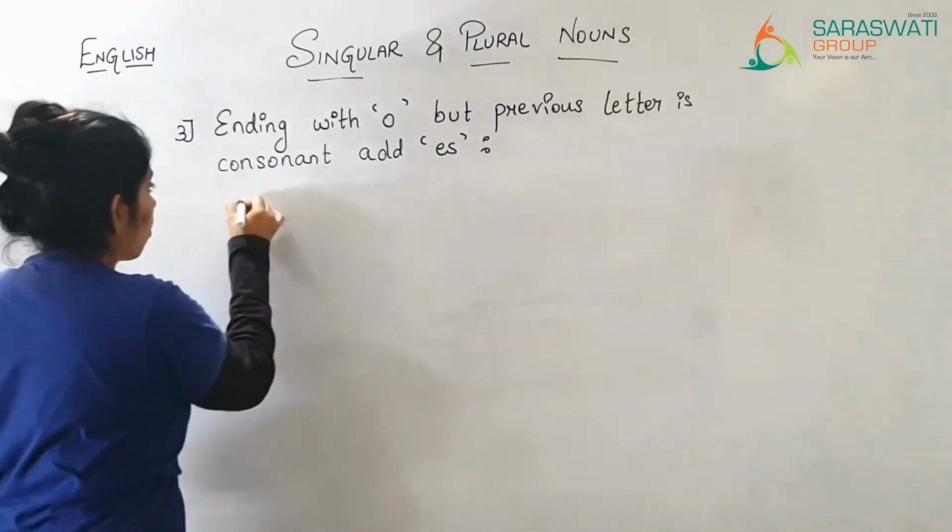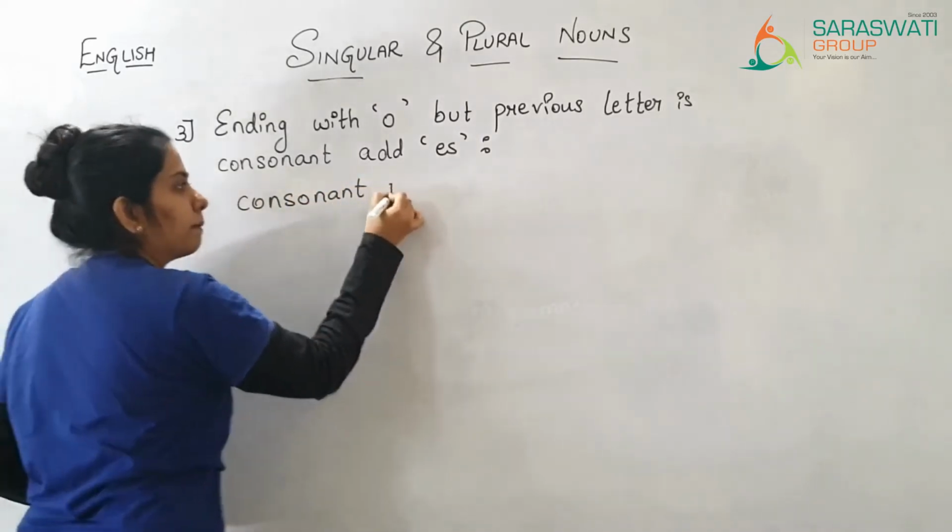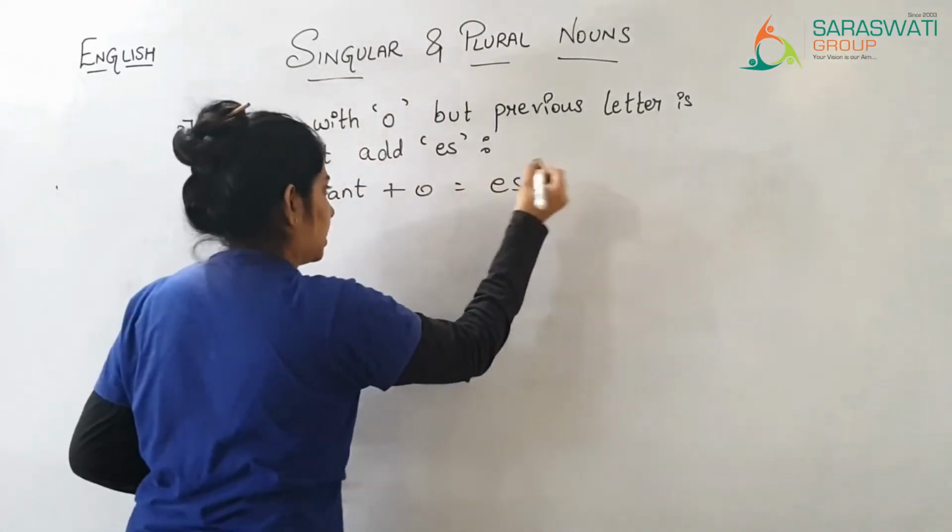Right? That means consonant plus o equals to es.